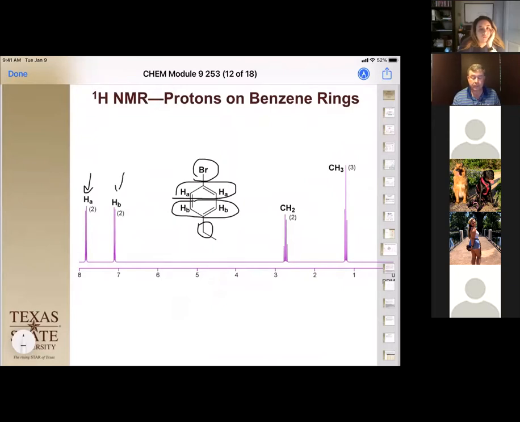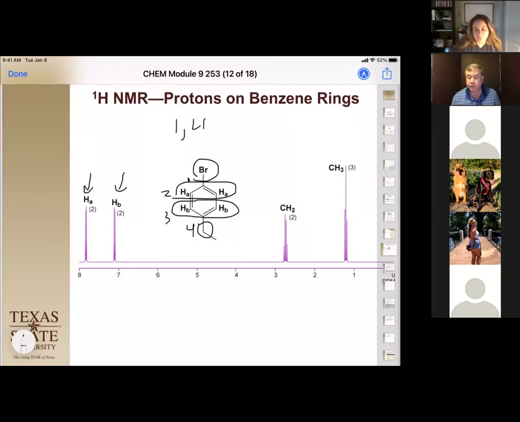The other one is going to be less downfield. And so we have this pair of doublets. It's a very distinct pattern for para-substituted or 1,4 substituted. Here's our 1, 2, 3, 4 as we go around the ring, just like in cyclohexane. So anytime we see that 1,4 substitution, we're going to see that kind of splitting.